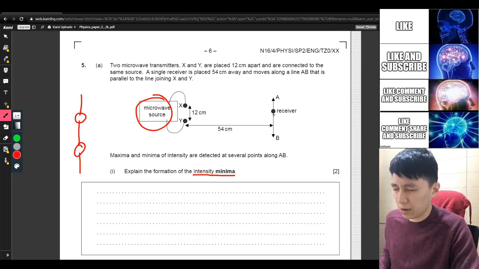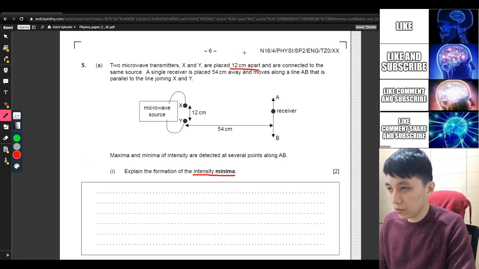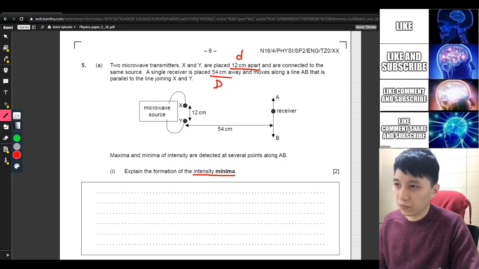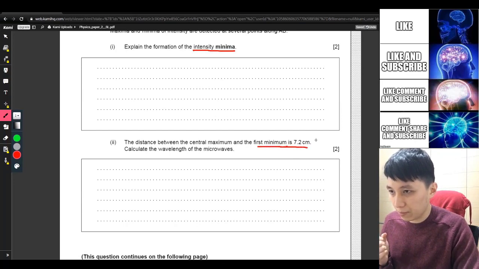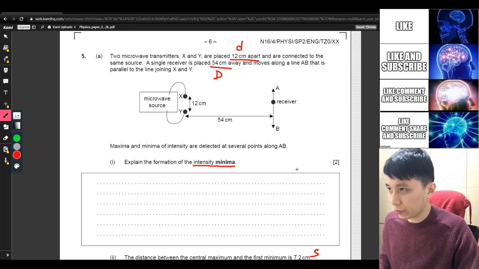So you have minima and maxima on the other side. So I guess the number that they give here, you should label as the small d, and this is the big D. And eventually in part 2, I think it will be useful, because this is like the fringe separation. So you can calculate the wavelength. So we'll do that later. We'll do part 1 first.